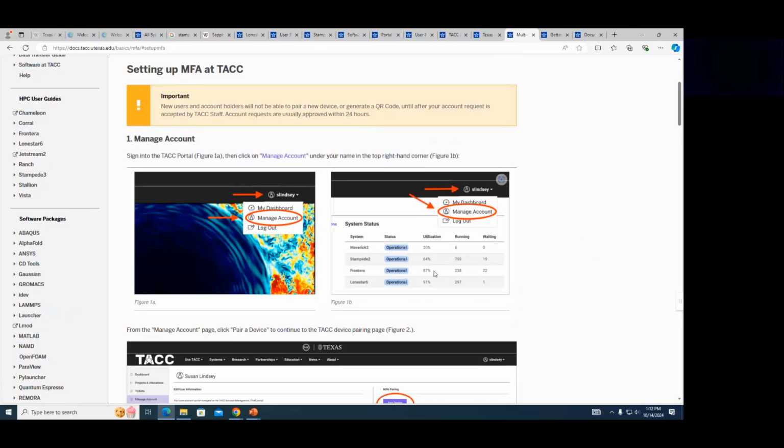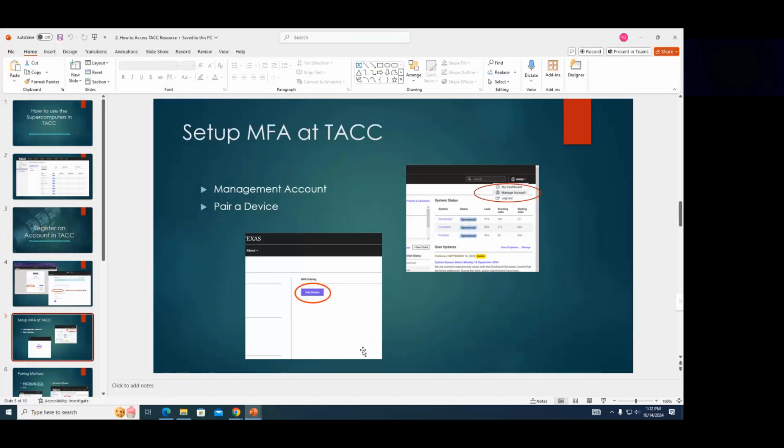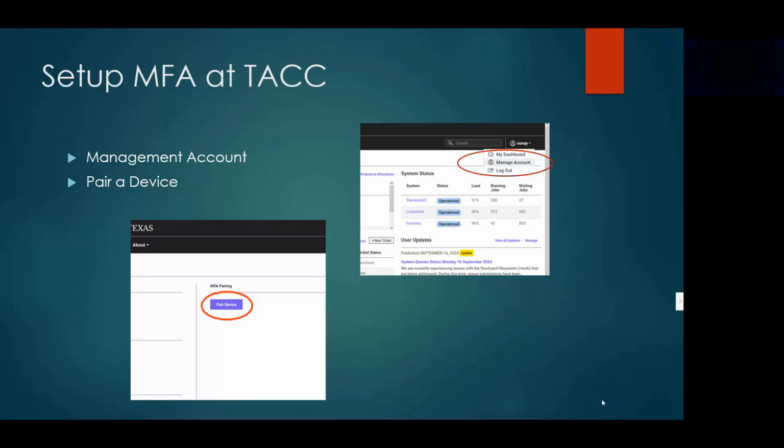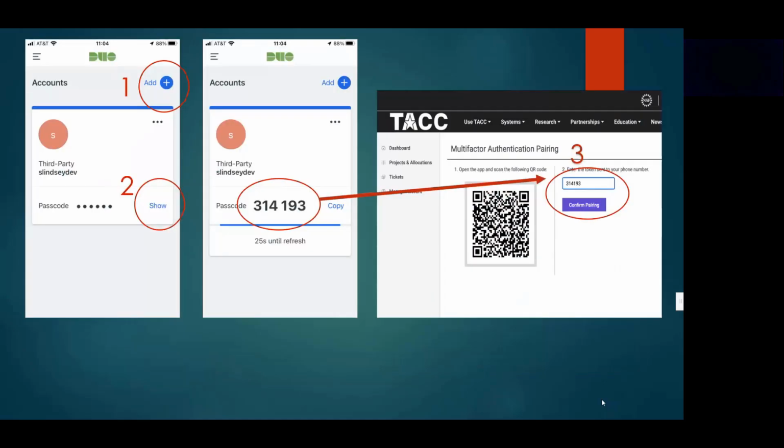Basically, the documentation is here. After you log in, go to your username, underneath there click manage account, and then pair your phone. The phone is the same one you already installed Duo on. Lamar uses that one. Create a barcode, and then scan the barcode.